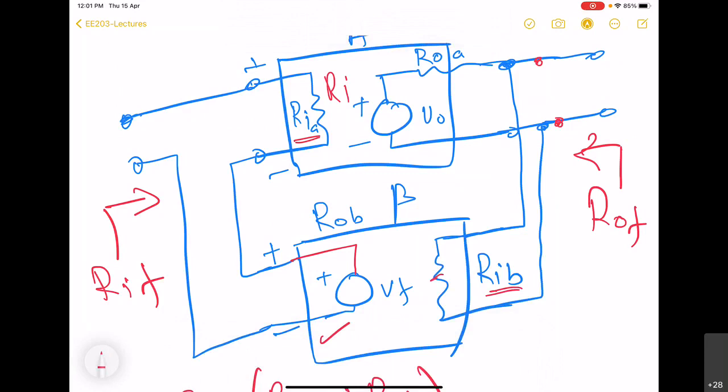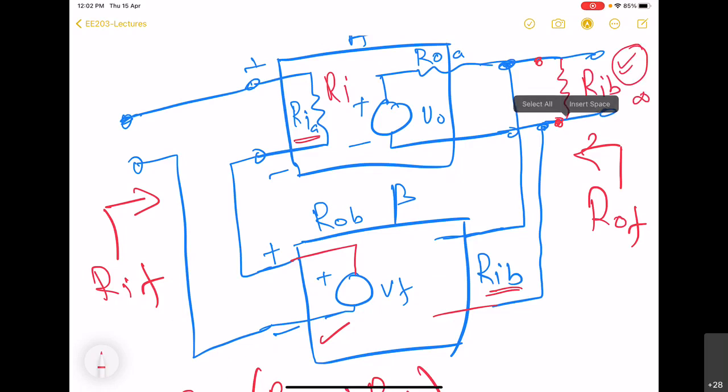So this RIB can be removed from here, and then it can be connected here. Now you can see that this RIB basically acts like a load. Up till now we have been considering open circuited or infinite load here, but the input impedance of feedback network behaves like load here.